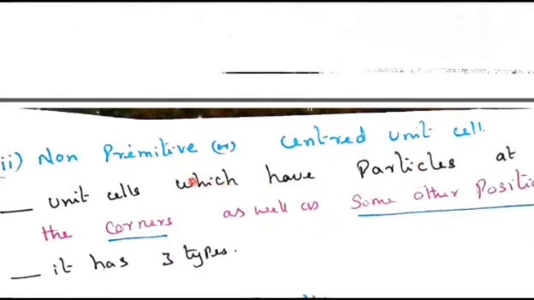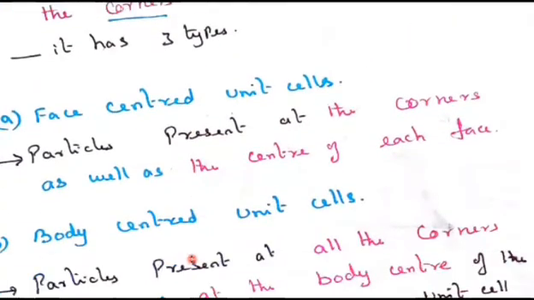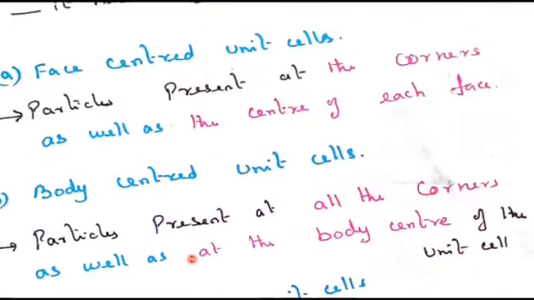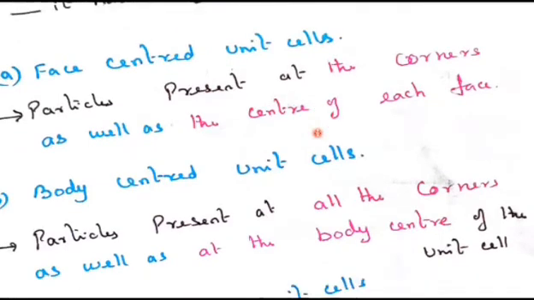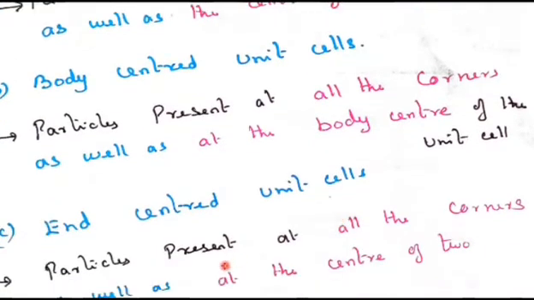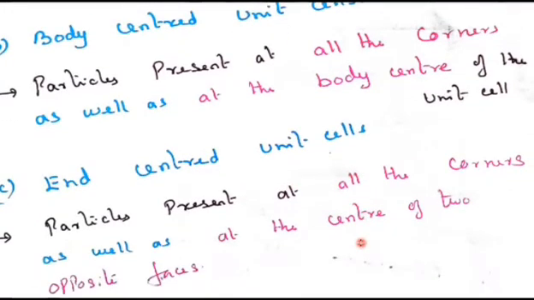This non-primitive unit cell has three types: face-centered, body-centered, and end-centered unit cell. First, face-centered: particles or atoms are present at the corners as well as at the center of the faces. Body-centered: atoms, particles or ions are present at all the corners as well as at the center of the body of the unit cell. End-centered: particles, atoms or ions are present at the corners as well as at the center of two opposite faces.